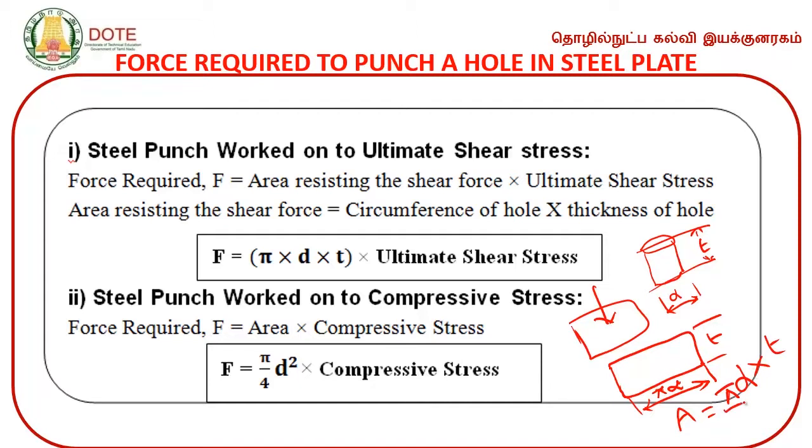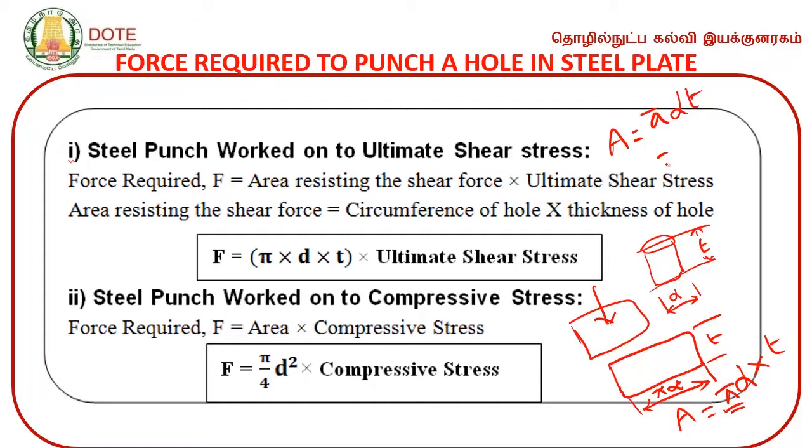What is pi? Pi is a constant. D can be represented as 2 into r also. Then it will become 2 pi r into t. So what is the area resisting the shear? Pi d t.